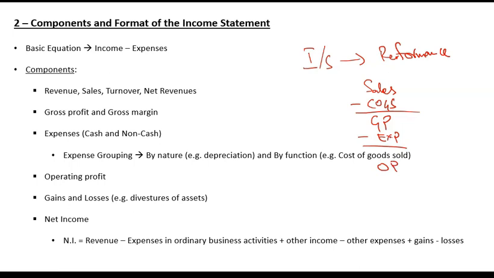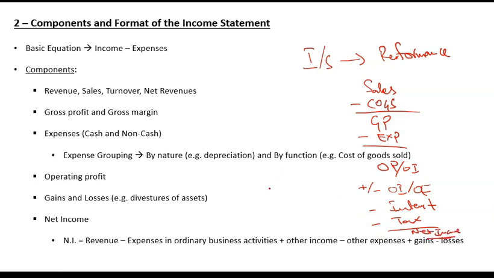Once you have subtracted operating expenses, you have operating profit or operating income, whatever you call it. Then you add or subtract other gains and losses, other income or other expenses. Then you subtract financial charges or interest expense, and then you subtract tax, and then you arrive at the net income. This is how it is structured.